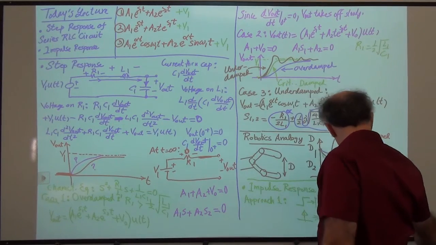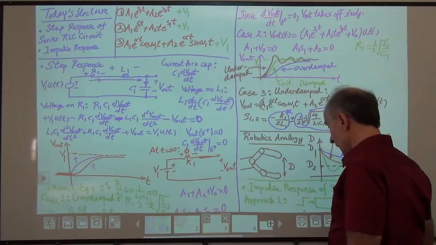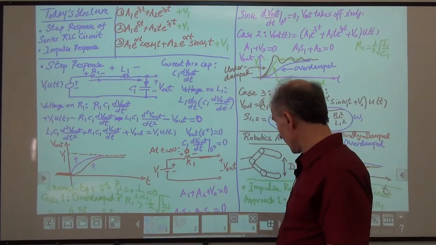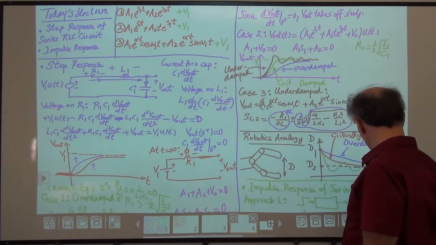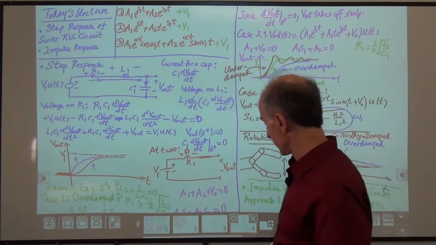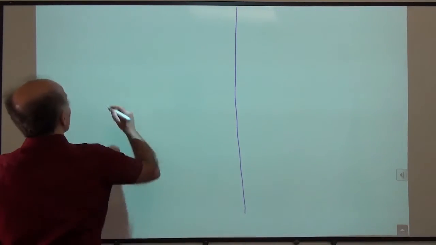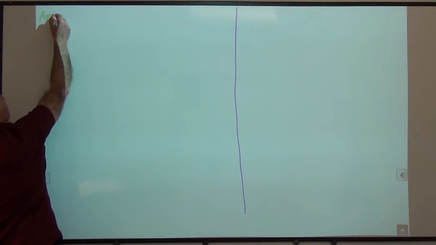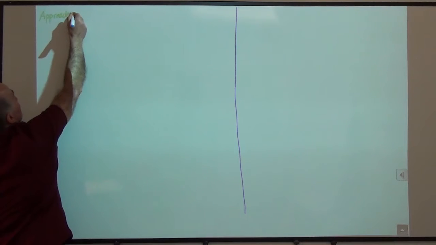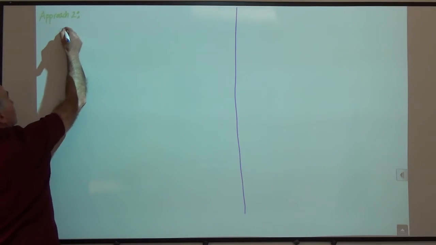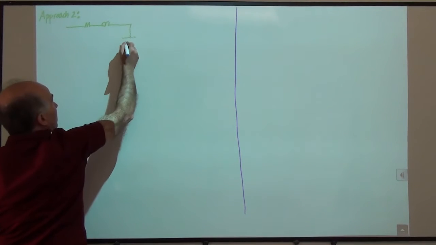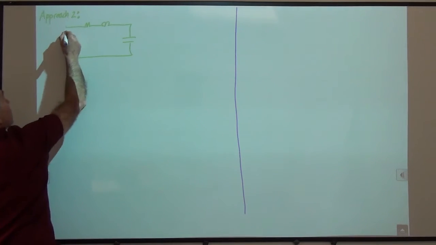But there's another approach that is more intuitive and still a little trickier. There we have to think about the circuit very carefully. So let me show you. Approach 2 says, let's just draw the circuit and apply an impulse and see what it looks like.